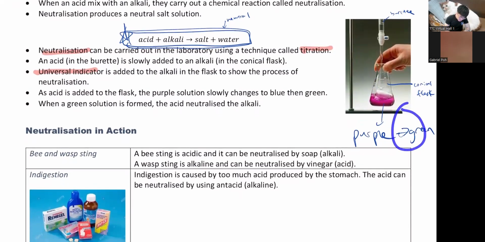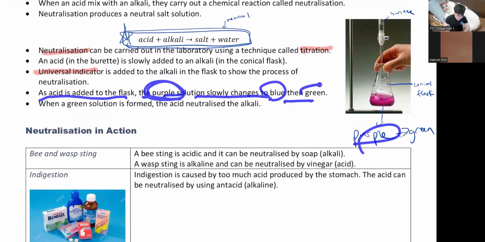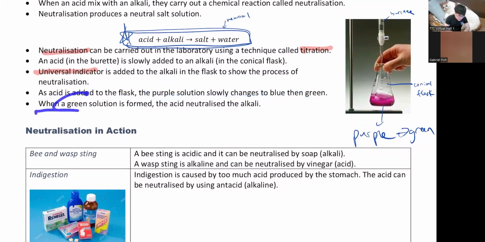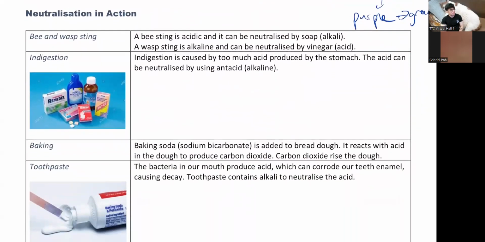As acid is added to the flask, the purple solution slowly changes to blue, then green. When a green solution is formed, the acid has neutralized the alkaline. So green means that's the end point, you stop. You don't add any more.